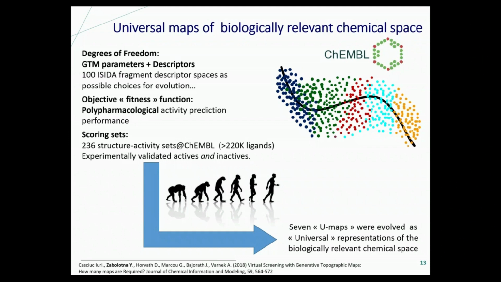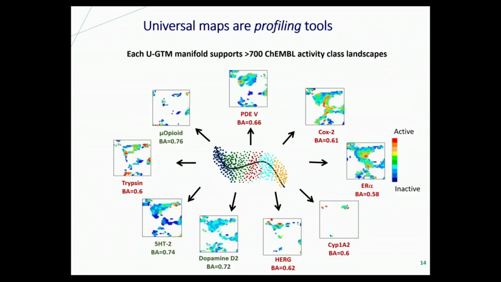If you have one manifold, you can use it to predict many properties. It's just a matter of coloring the manifold by the training set of the given property and then reading off newcomers from the landscape like this. So this is the same manifold, it's just the sets that are projected in there are different.